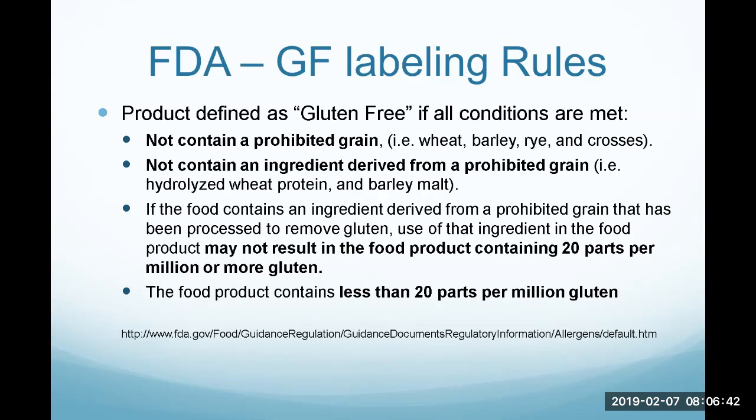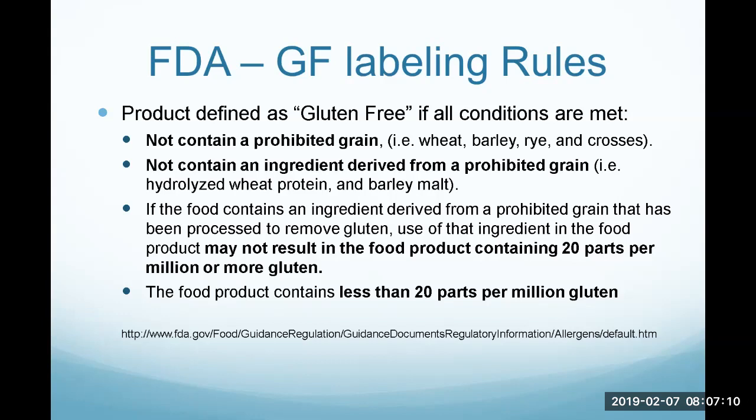They came up with gluten-free labeling rules back in 2013, where everybody in the food industry had to label their foods with these prohibited grains. If they're labeled as gluten-free, they should not contain wheat, barley, rye, and cross-contaminations either.